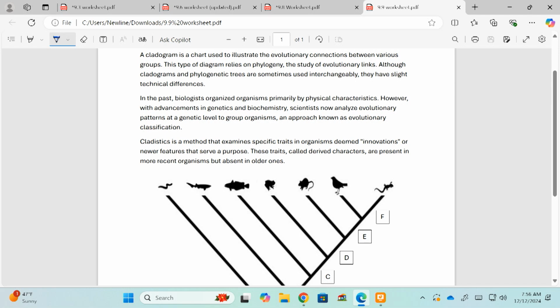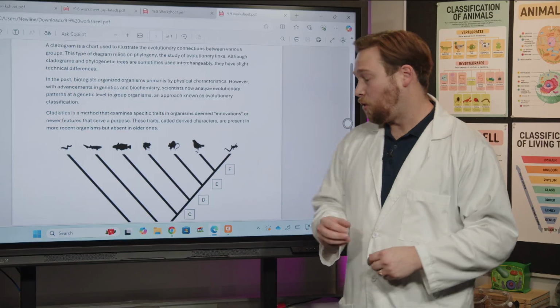However, with advancements in genetics and biochemistry, scientists now analyze evolutionary patterns at a genetic level to group organisms, an approach known as evolutionary classification. Cladistics is a method that examines specific traits in organisms deemed innovations or newer features that serve a purpose. These traits, called derived characteristics, are present in more recent organisms, but absent in older ones.